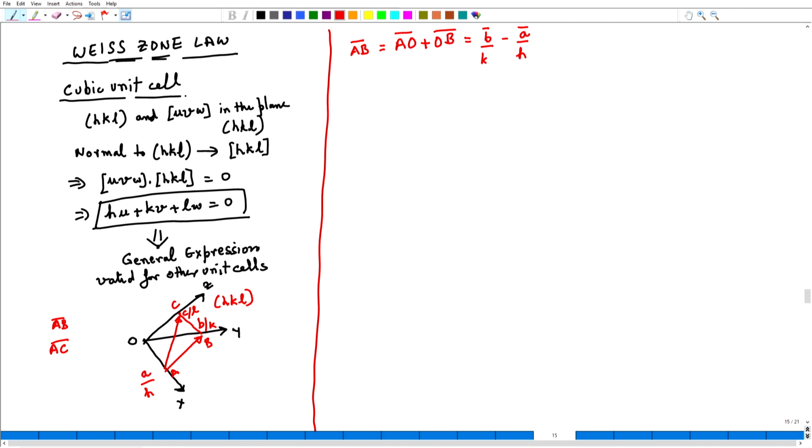Now, let us write an expression for vector AC as well. Vector AC, so travel along the vector AO and then move along the vector OC.